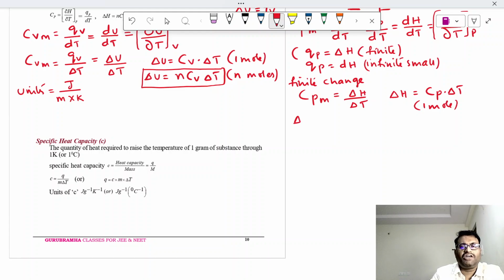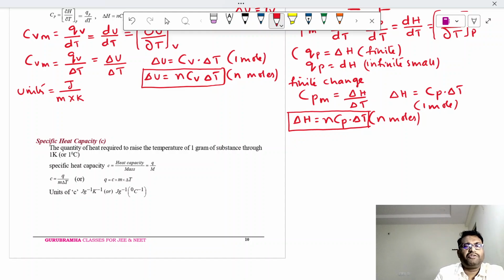For n moles, delta H is equal to n into Cp delta T. This formula we need to remember. And delta U is equal to n into Cv delta T for finite change.